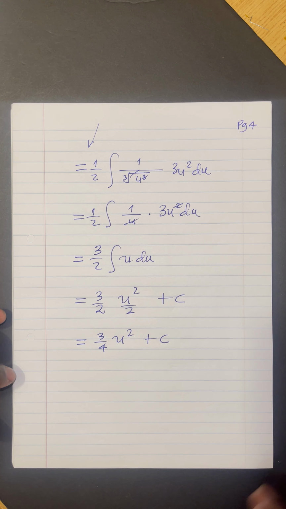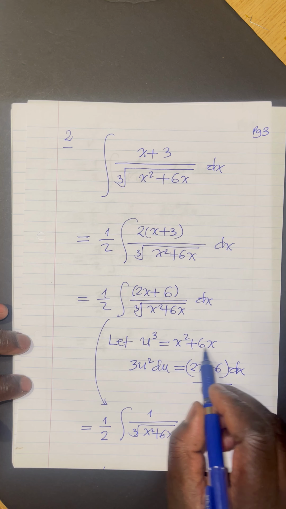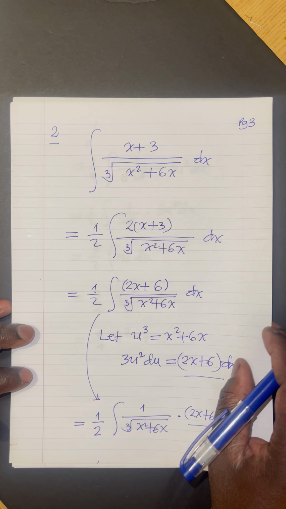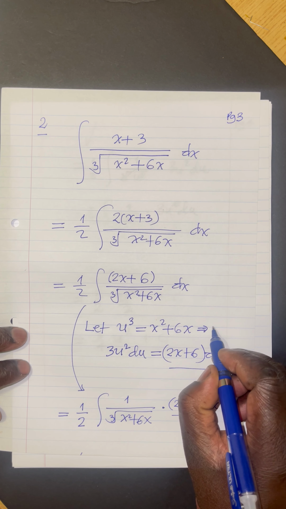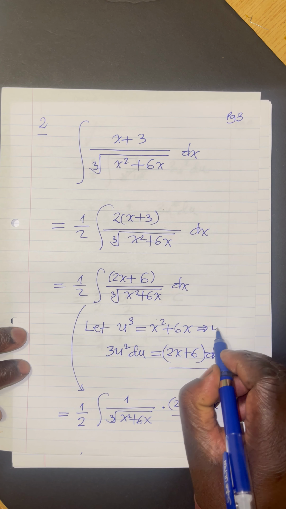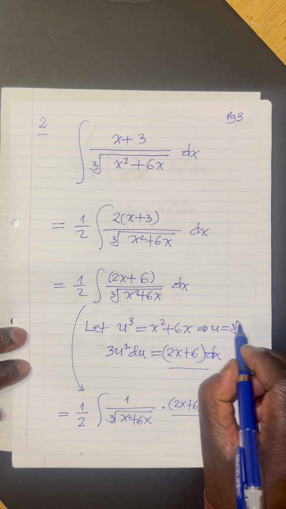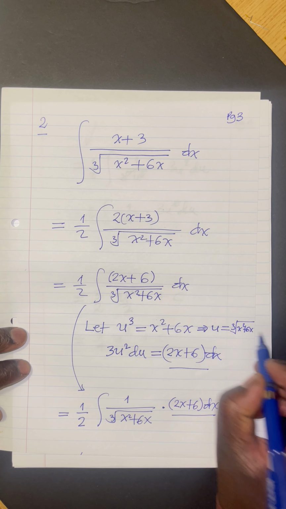But what is u? We must move back to our original variable. The connection, if you can check here, requires us to take cube root in order to determine the value of u. So now solving for u here, you'll agree with me that this is actually producing cube root of u cubed is u, and then on the right hand side I'm going to have cube root of x squared plus 6x.